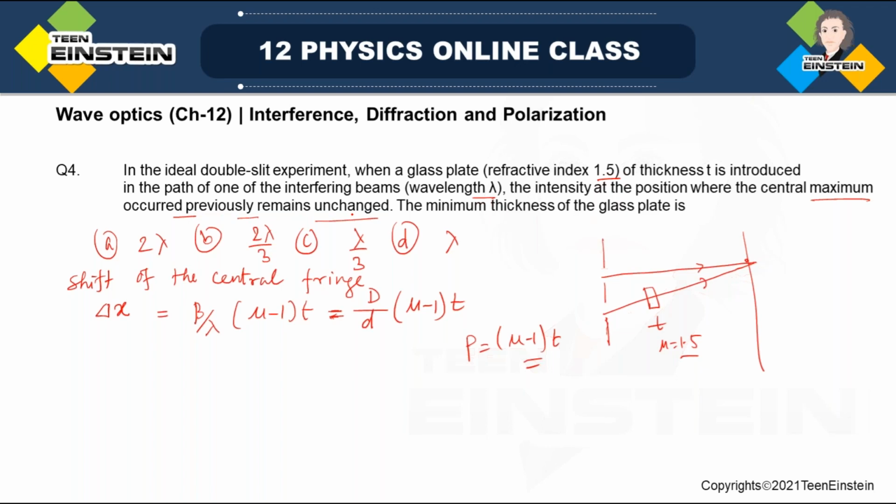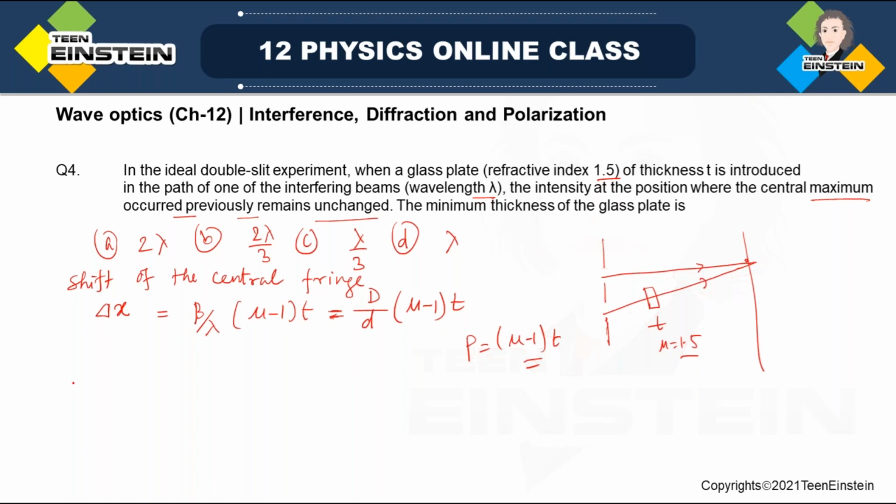Sorry, this is intensity. I'm sorry, this intensity remains the same at the same central position. That means the pattern shifts in such a way that the nth bright fringe occurs at the position of the central maxima itself. Then you have to find out the minimum thickness.